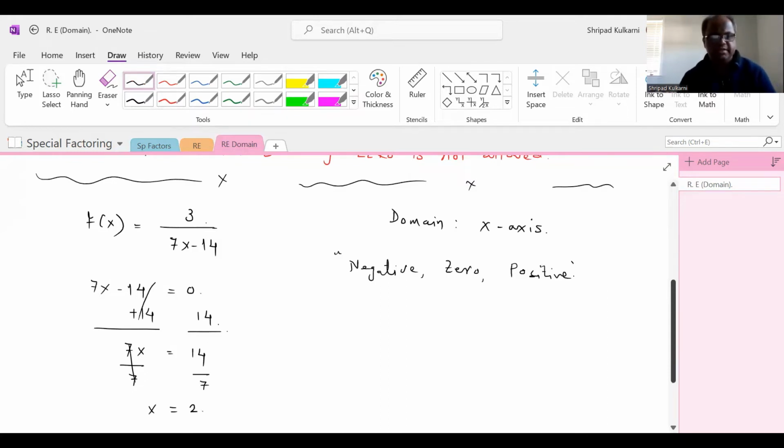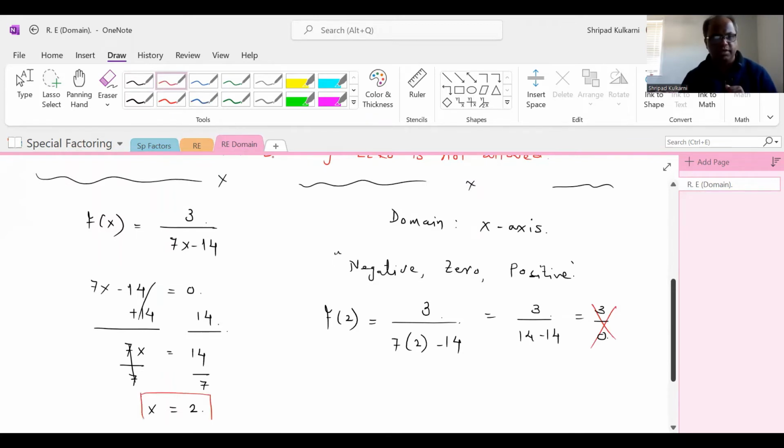So x equals 2 is the nasty point. What will happen if I take f of 2? 3 over 7 times 2 minus 14, so it will be 14 minus 14, and 3 over 0, which is not possible.